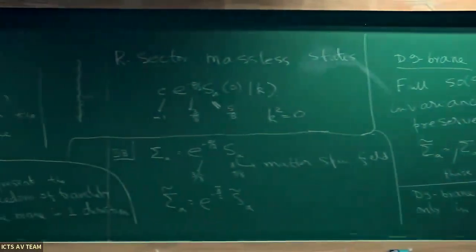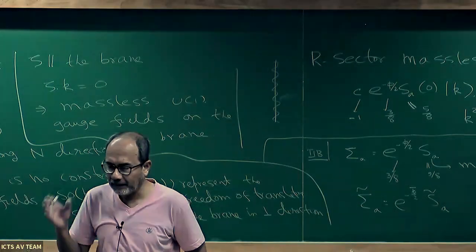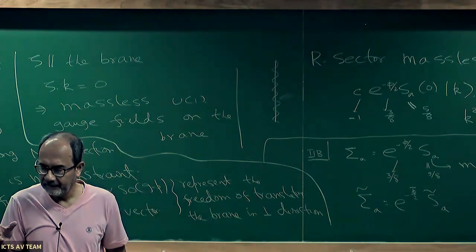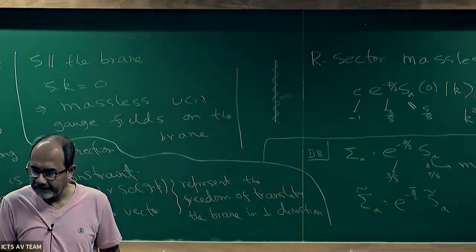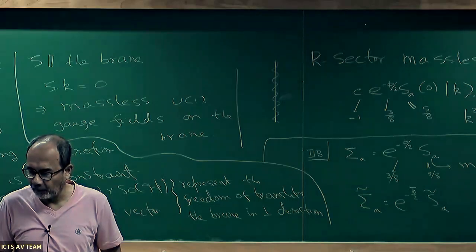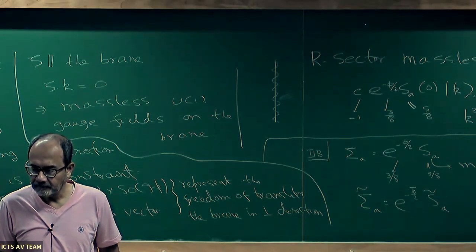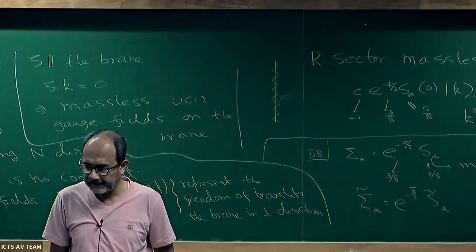So it's not a Lorentz invariant boundary condition. You have to choose M once and for all. But if you go to a different Lorentz frame and the matrix changes, then Lorentz invariance gets broken. So that is the statement.